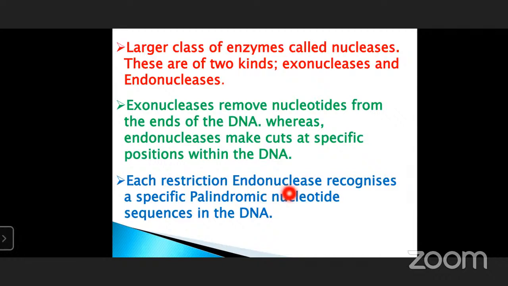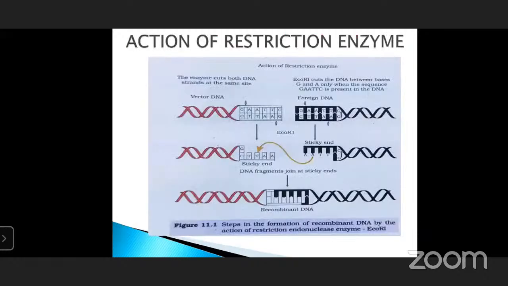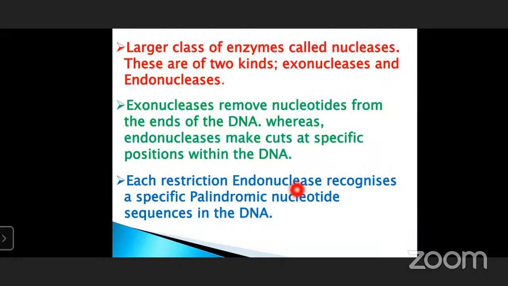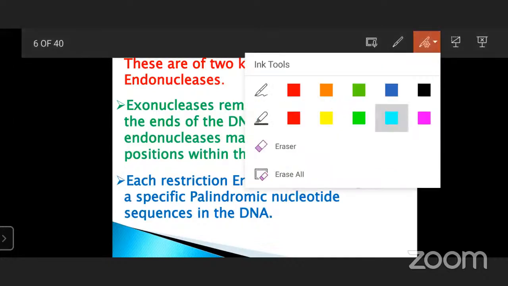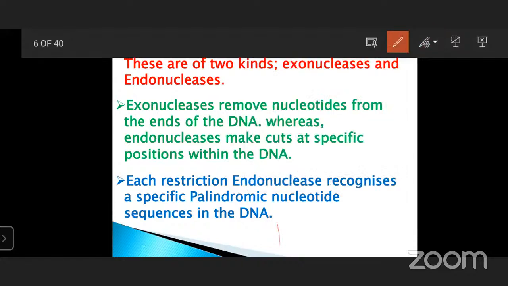Each restriction endonuclease recognizes a specific palindromic nucleotide sequence in the DNA molecule. Once again, I repeat this point. Each restriction endonuclease recognizes a specific palindromic nucleotide sequence in the DNA molecule. Palindromic sequence means, for example, the word madam.